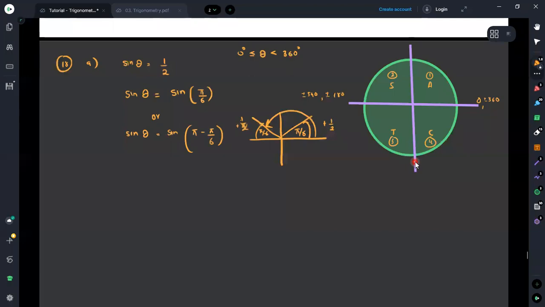Therefore, using both ways, we can take the value as half. So theta is equal to 5π over 6, or theta is equal to π minus 5π over 6. We can have both answers for this.